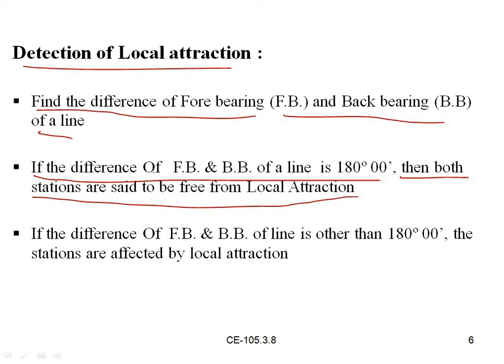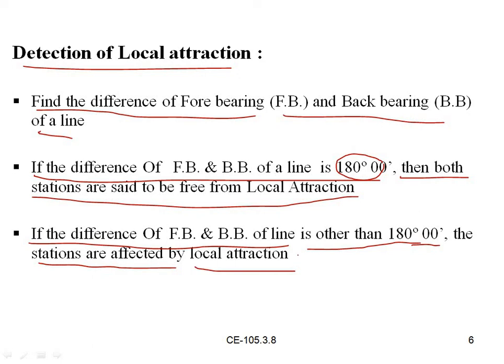So here, if the difference of fore bearing and back bearing of a line is 180 degrees, okay, then both stations are said to be free from local attraction. That means they are not affected by local attraction because they are within the 180 degrees angle. Suppose the difference of fore bearing and back bearing of a line is other than 180 degrees, then the stations are affected by local attraction.